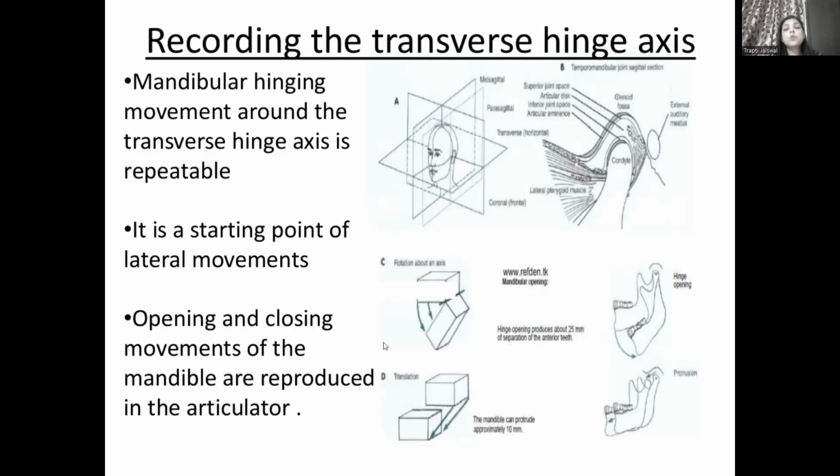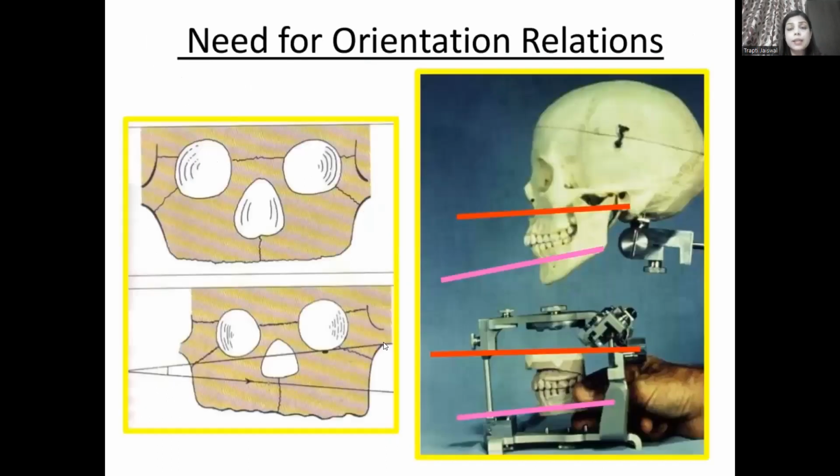So this was all regarding the orientation relation. We record the orientation jaw relation with the help of facebows, and facebows are of two types, arbitrary and kinematic. For complete dentures, we usually use the arbitrary facebows, not the kinematic ones, because they are very complex to use.